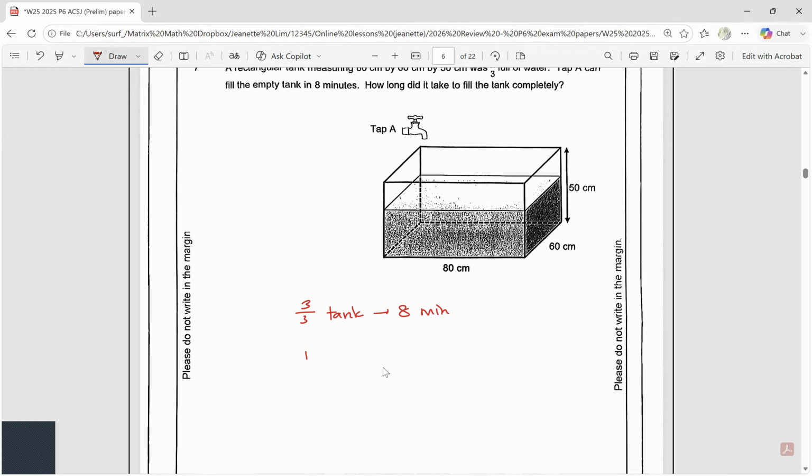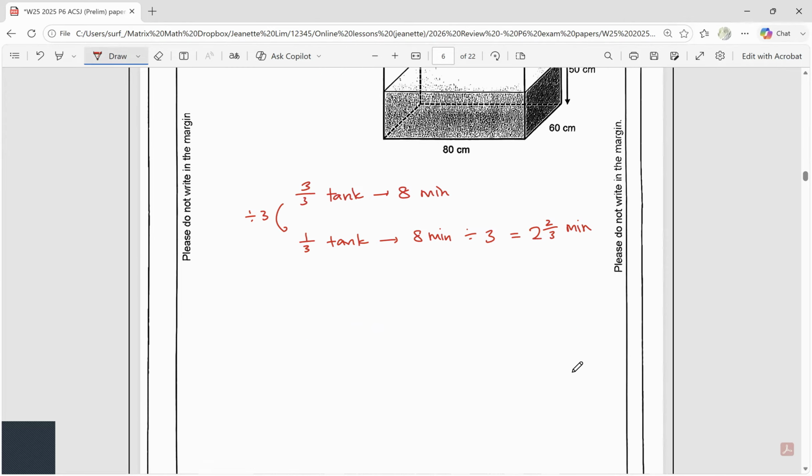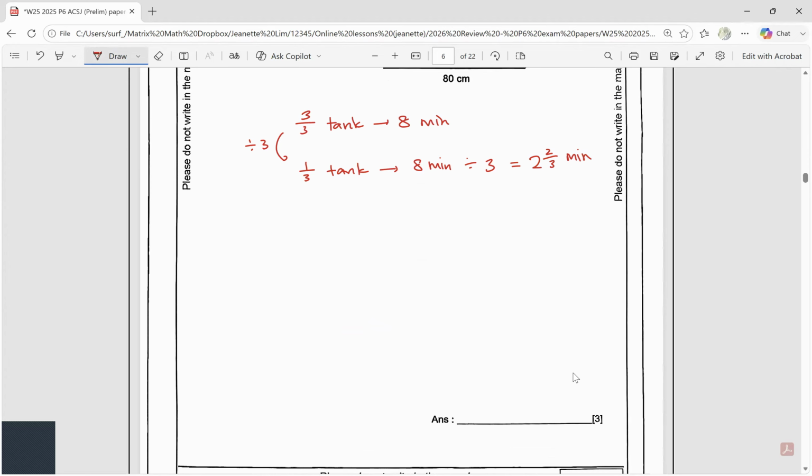So if you want to fill 1/3 of the tank, this will just be divided by 3. So 8 minutes divided by 3, which is 8/3. So 2 and 2/3 minutes. Okay, so this is the answer. You can also leave it as minutes and seconds.